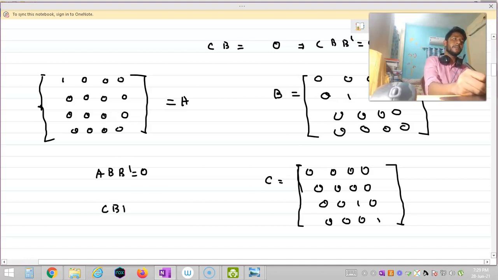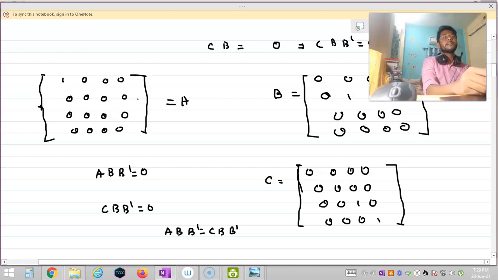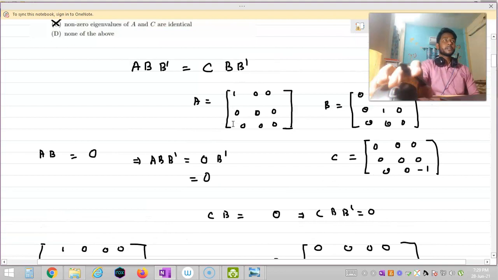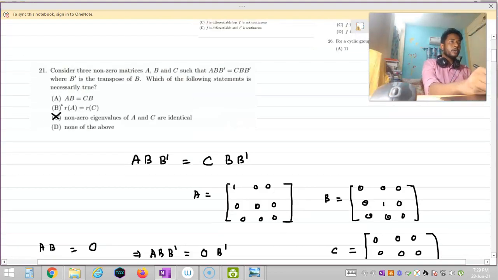Hence I can say that ABB' is equal to CBB'. What is the rank of A? There is only one non-zero row, so rank of A is equal to 1. There are two non-zero rows in C, so rank of C is equal to 2. So rank of A is not equal to rank of C, and option B is also not correct.